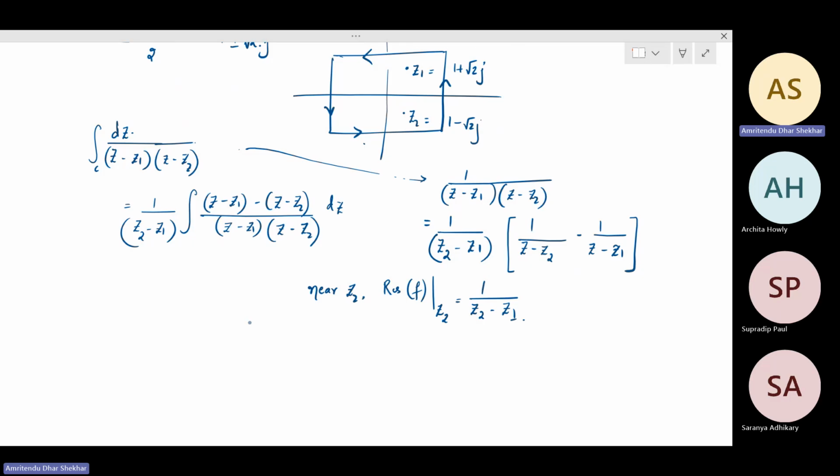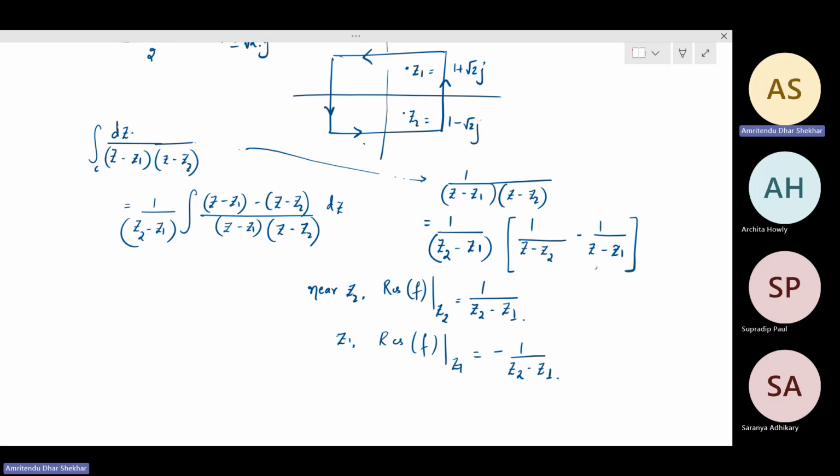Near z1, the part 1 by z minus z2 is holomorphic, so you ignore that and you're left with just this part. So the residue is minus 1 by z2 minus z1.